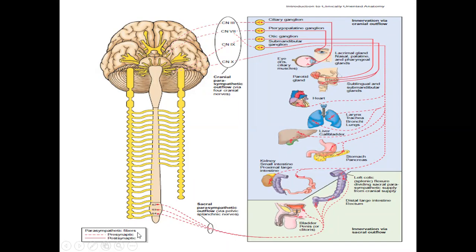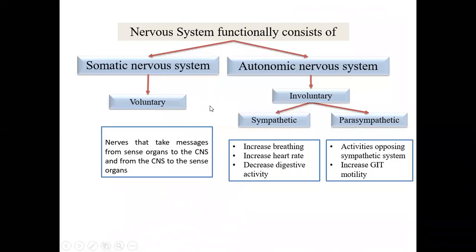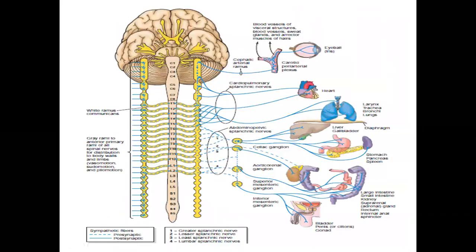Okay, so this is parasympathetic, and before that, what we saw is the sympathetic. These nerves come directly from the spinal cord, starting from T1 going up to L2, and they relay in this chain on either side. This is called the sympathetic chain because it has sympathetic fibers.